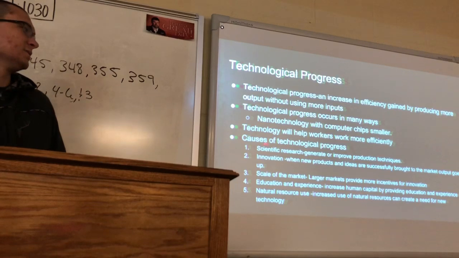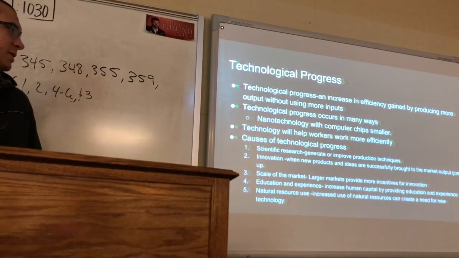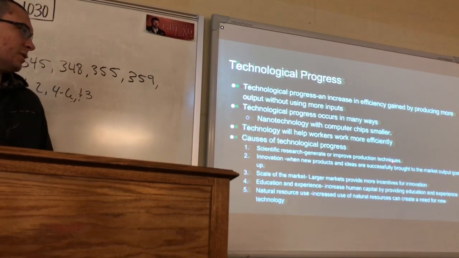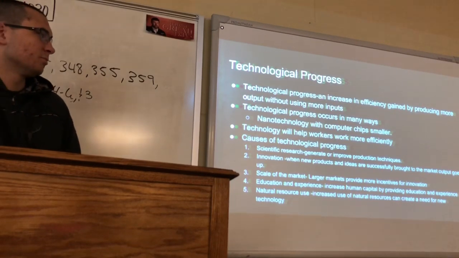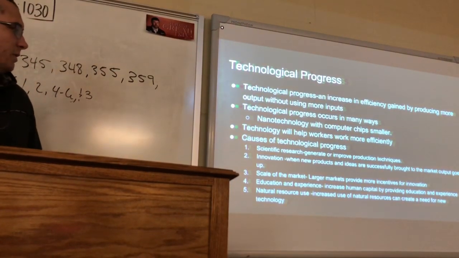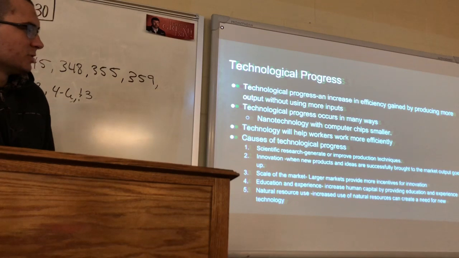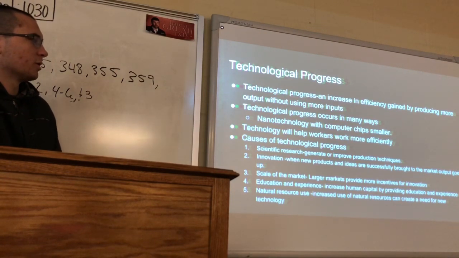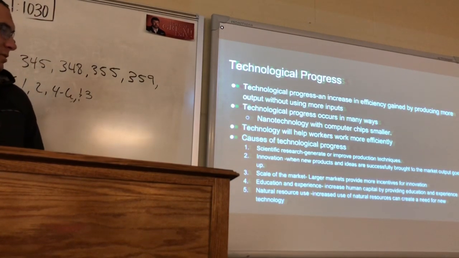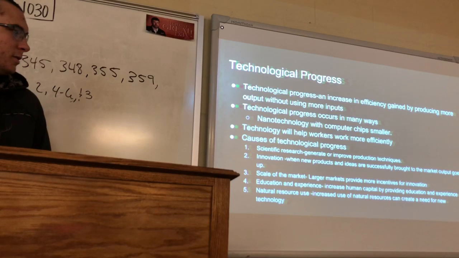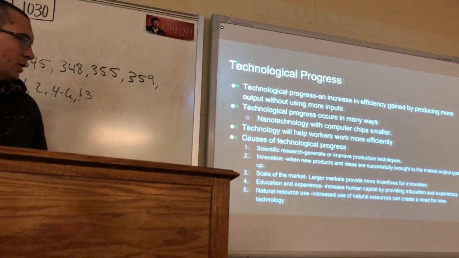And then the five causes of technological progress. Scientific research generates and improves production techniques. Innovation: when new products and ideas are successfully brought to the market, output goes up. Scale of the market: a larger market provides more incentive for innovation.